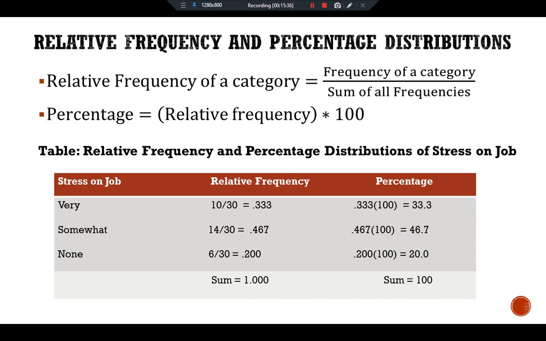Okay, one thing to be noticed is that the sum of the relative frequencies is always equal to 1, and the sum of the percentages is always equal to 100.